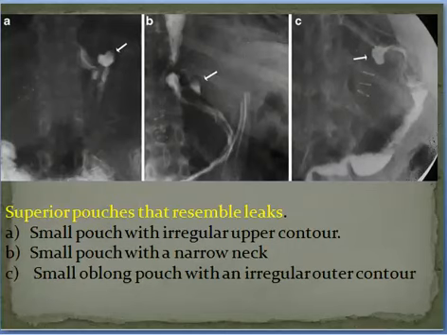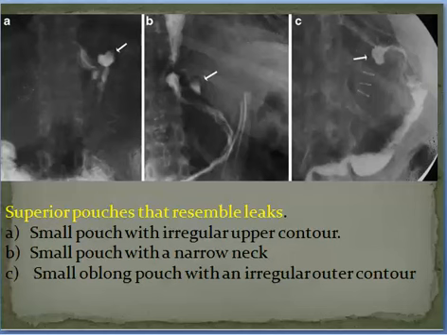Here it is, a superior pouch resembling leakage, but it has a smooth line and is not continuous to any collection. Here on the left you have a small pouch with an irregular upper contour, a small pouch with a narrow neck in the middle, and a small pouch with an irregular outer contour again.